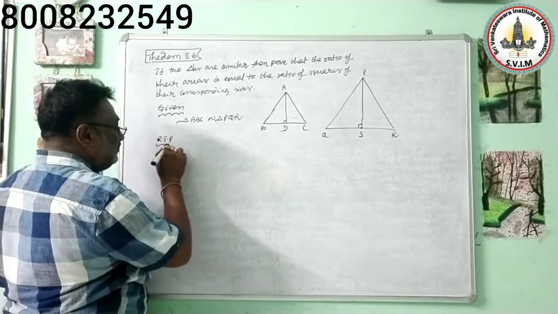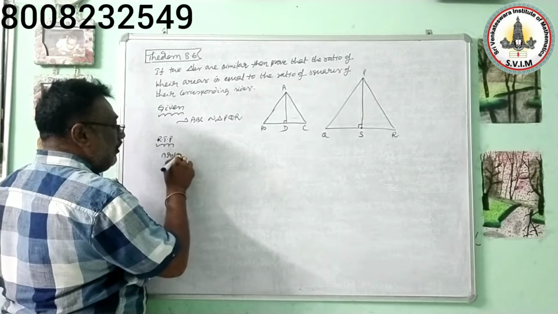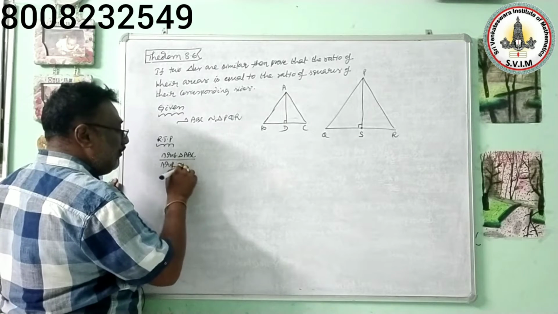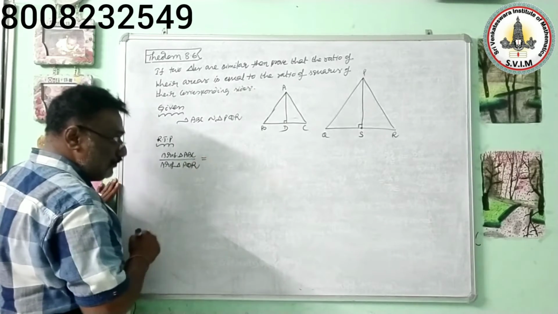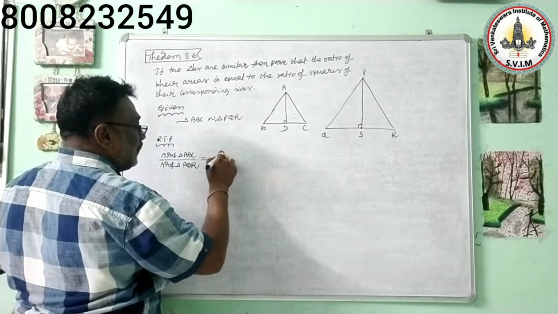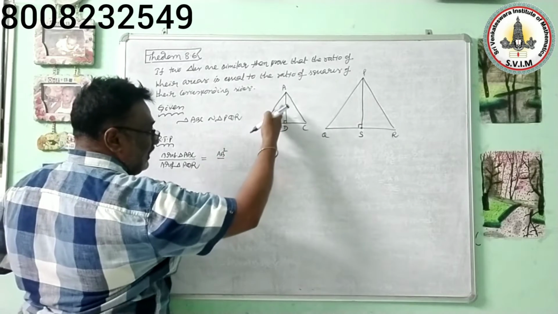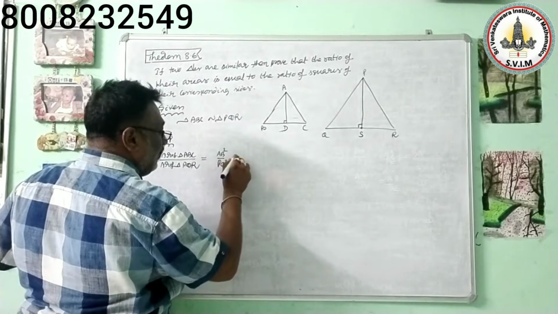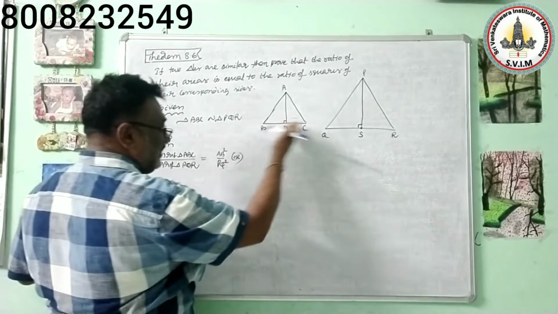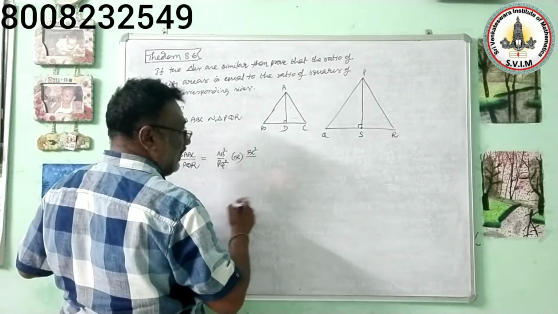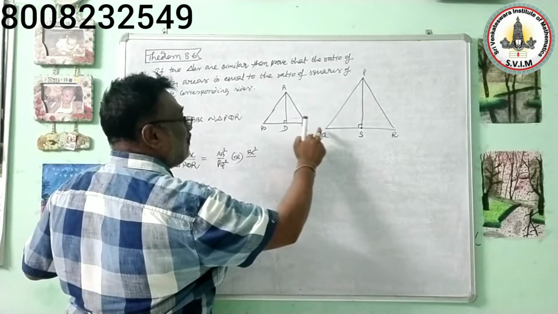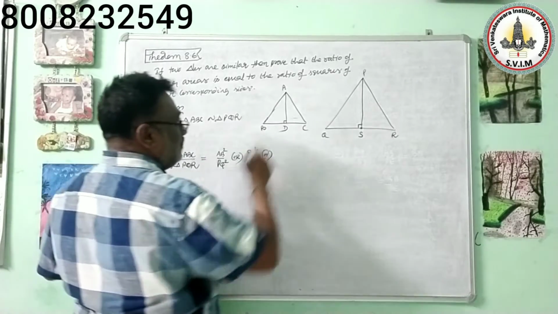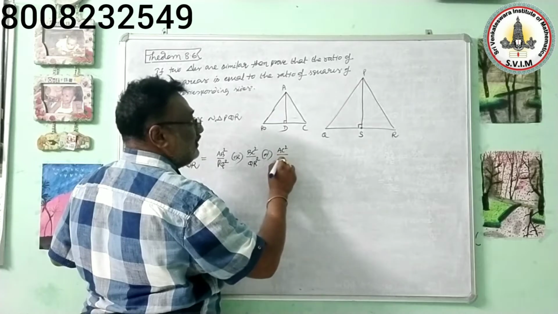Required to prove: area of triangle ABC by area of triangle PQR is equal to AB square by PQ square, where PQ is the corresponding side in the other triangle, or BC square by QR square, or AC square by PR square.